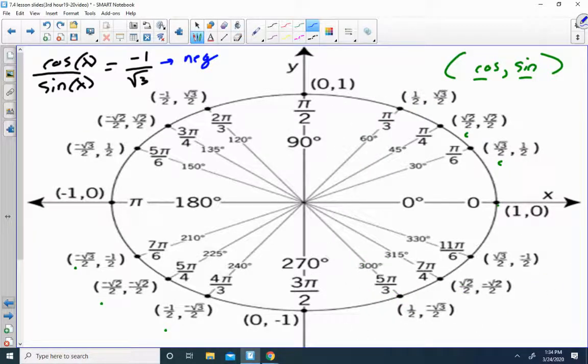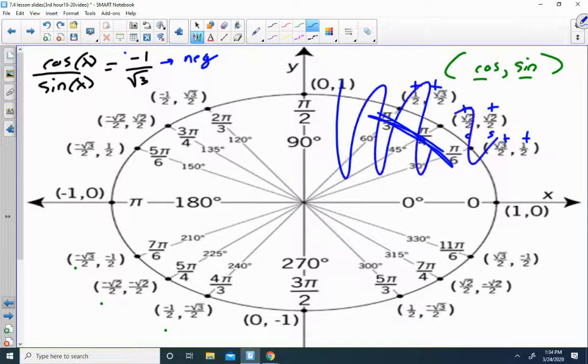Notice everything in the first quadrant: if you did cosine divided by sine, you'd be dividing a positive by a positive for all three of these, and that would not give you a negative answer. So it can't be anything in this quadrant.